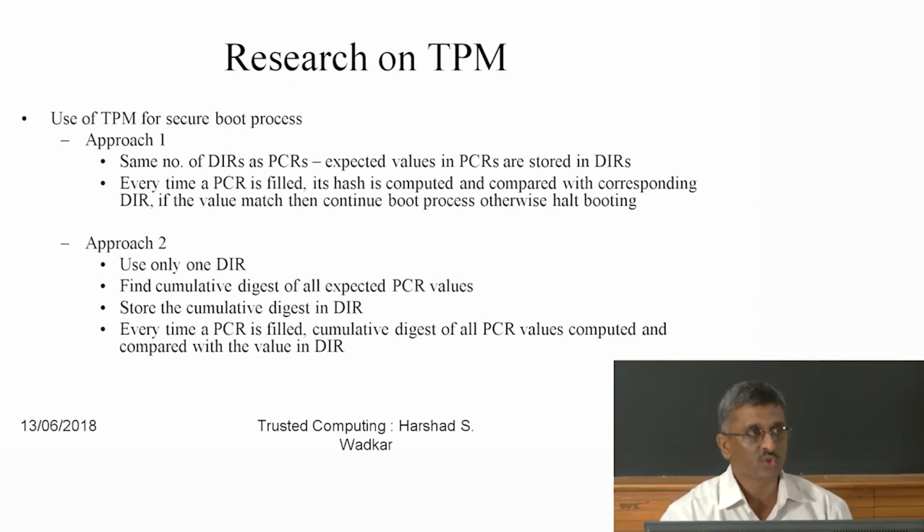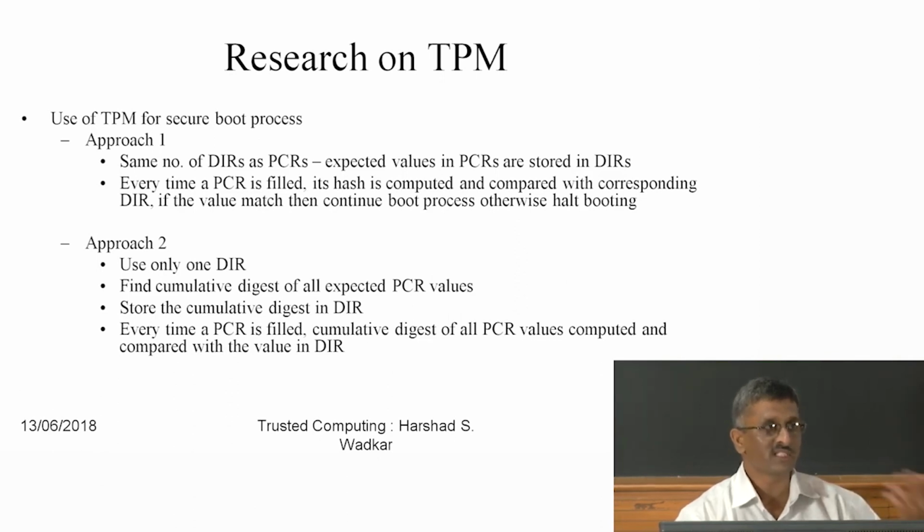That is approach 2, use only one DIR. Right now, for each PCR there is one DIR. So, if there are 7 PCRs available to me, I will have 7 DIRs. Can I reduce it to 1 DIR? That is my approach 2. Find the cumulative digest of all expected PCRs. Store the cumulative digest in the DIR. Each time a PCR is filled, a cumulative digest is generated and compared with the DIR value.